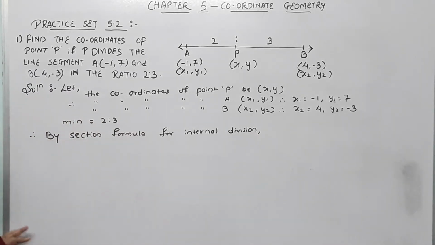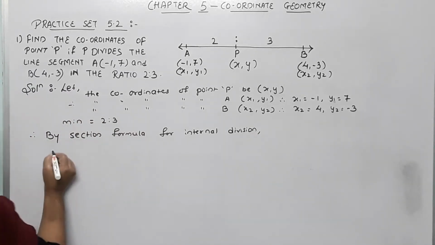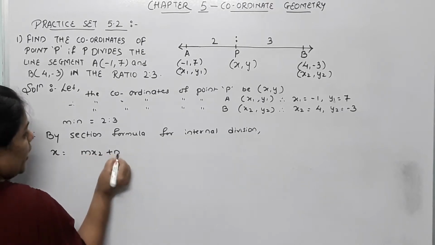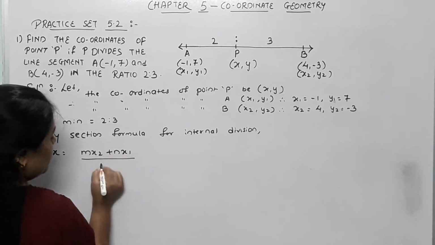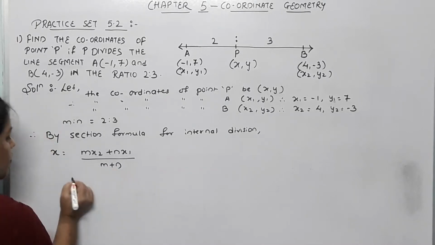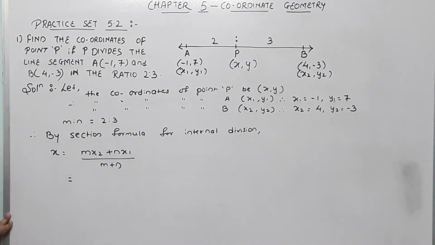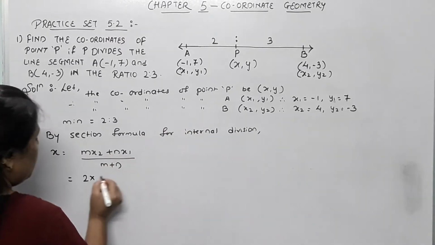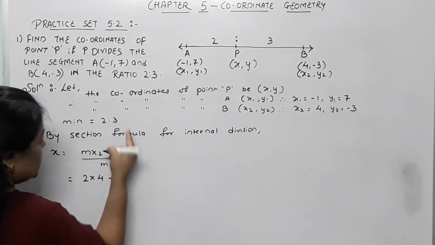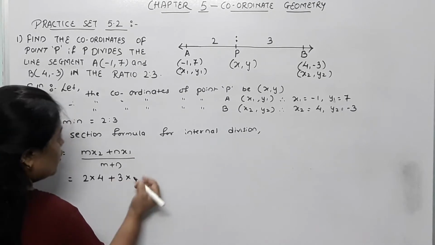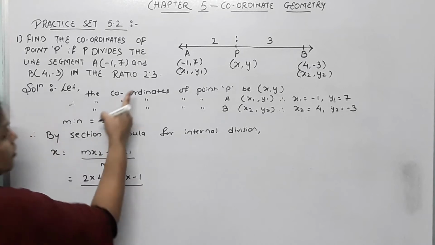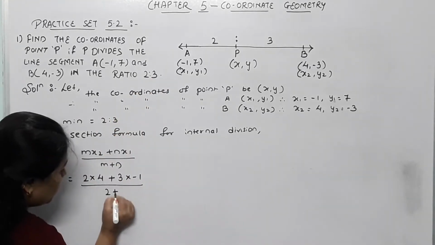By the section formula for internal division, x equals mx2 plus nx1 upon m plus n. Substitute the values then: 2 into, what is our x2? 4, plus n is 3 into x1 which is -1, upon 2 plus 3.